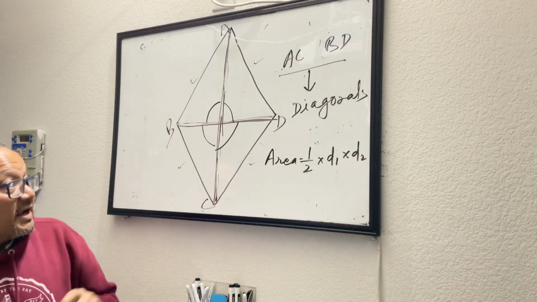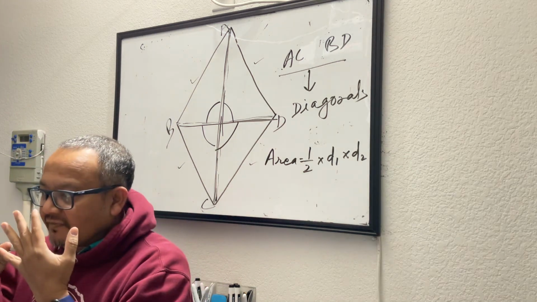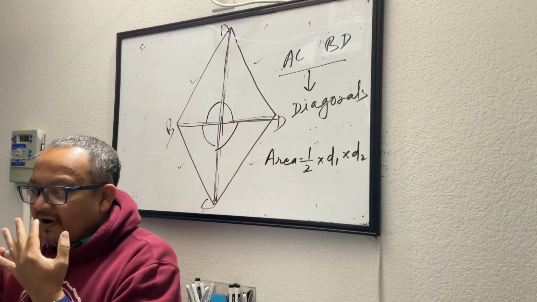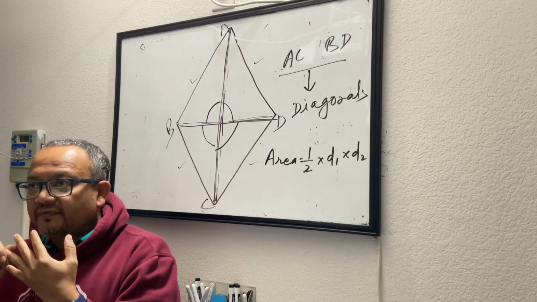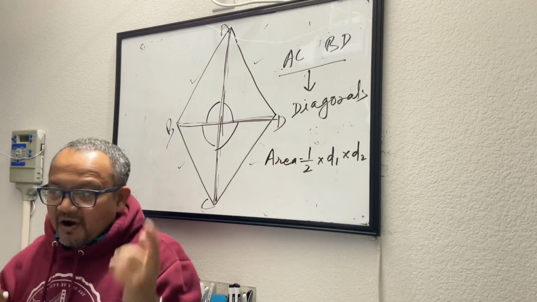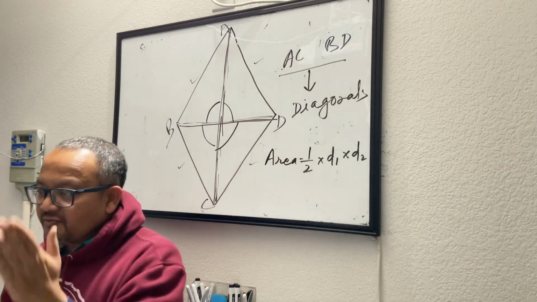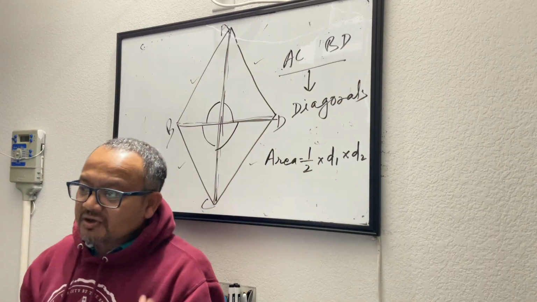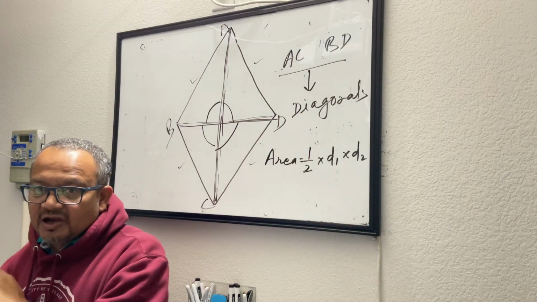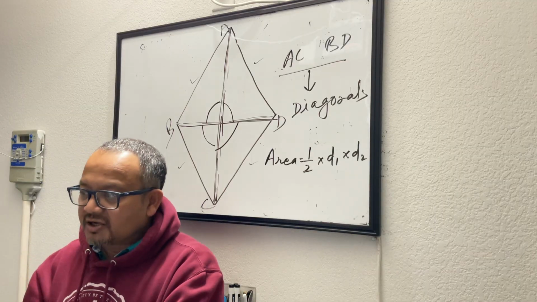So here, we learned about how to find out the area of a rectangle, length and width. We found out how to find the area of a square, length into length, because all the sides are same. We found out the area of a triangle, half into base into height. We found out how to derive the area of a circle, pi r square, meaning pi into r square.